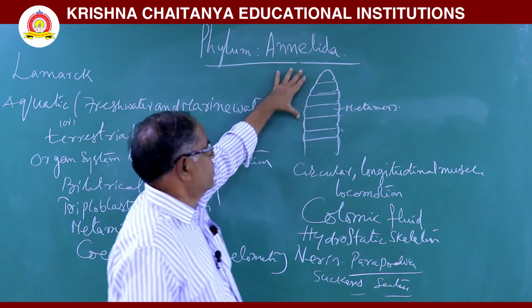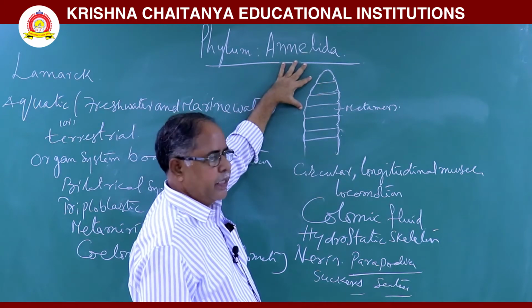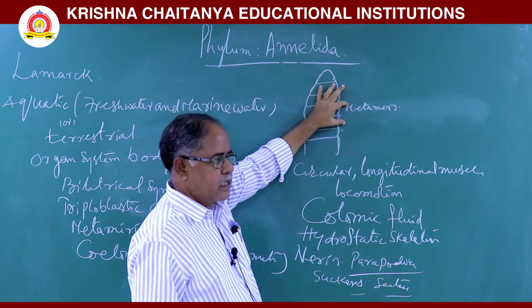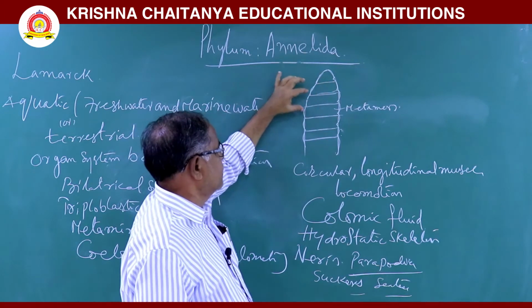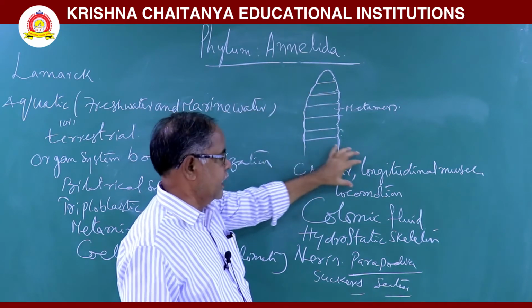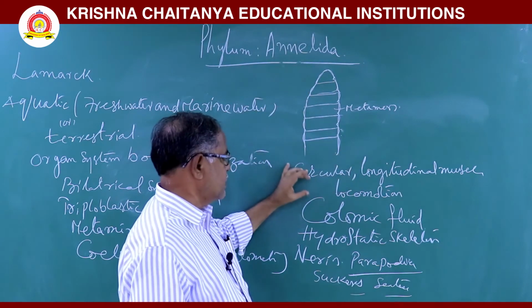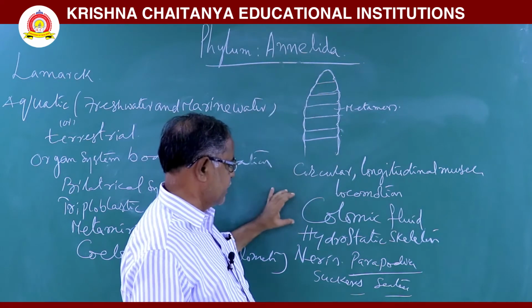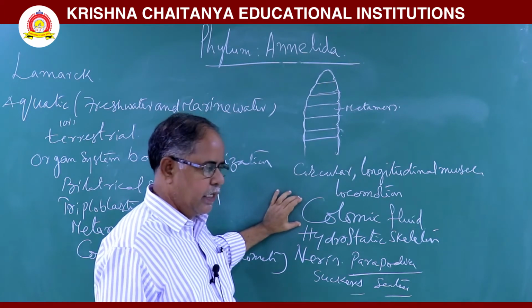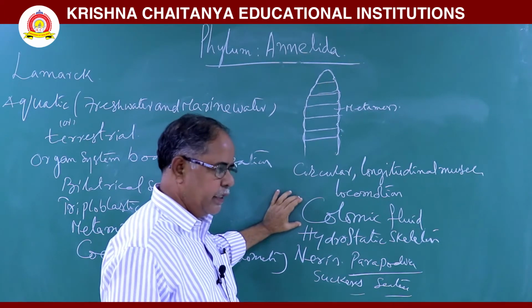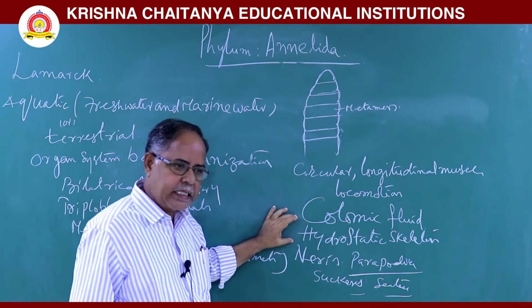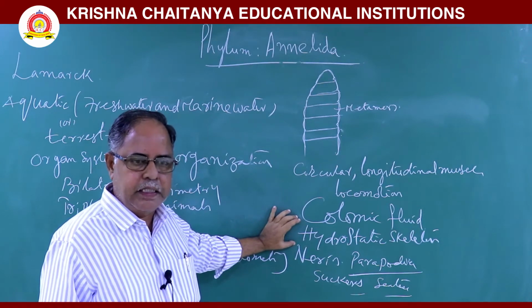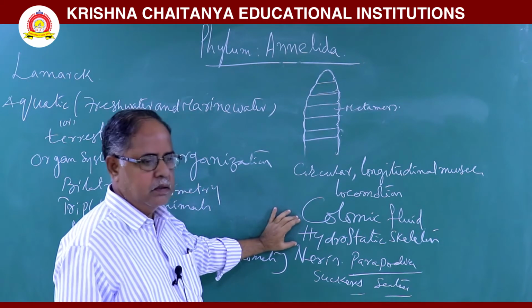So, the body and the coelom are divided by transverse septa into metameres or segments. The body wall has circular and longitudinal muscles used in locomotion. The coelom is filled with coelomic fluid, which acts as a hydrostatic skeleton, gives stiffness to the body and aids in locomotion.